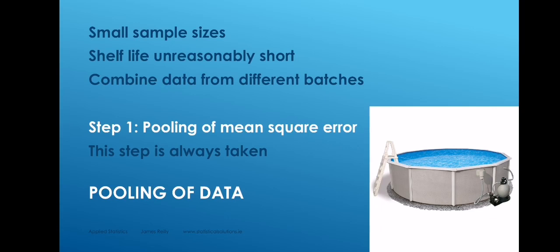Now this is a very reasonable assumption because the standard deviation is largely due to the precision of the measurement system which is used to perform the assay. And so that's a very reasonable assumption, and this step is always taken. This is the first step in pooling, and we always take this step. We pool the variance. We pool the mean square error from the different batches.